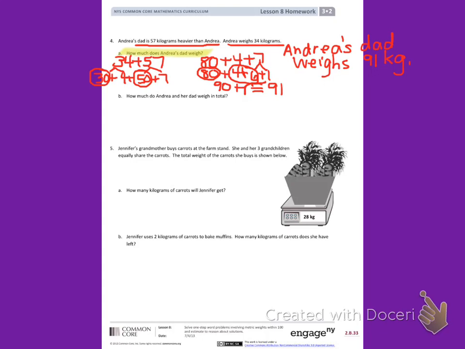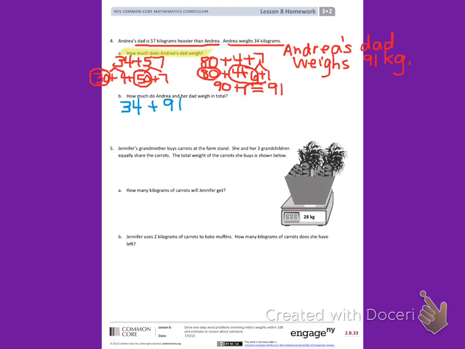Item B says, how much do Andrea and her dad weigh in total? Well, if we use the information from above, we know that Andrea's dad weighs 91 kilograms and that Andrea weighs 34 kilograms. So I'll write down 34 for Andrea and 91 for her father.